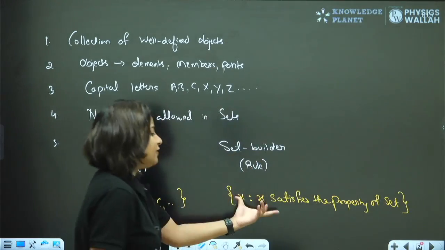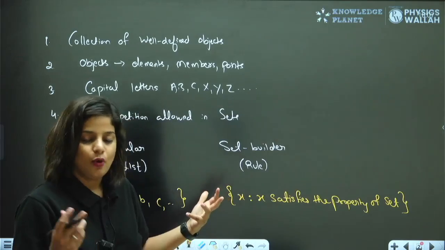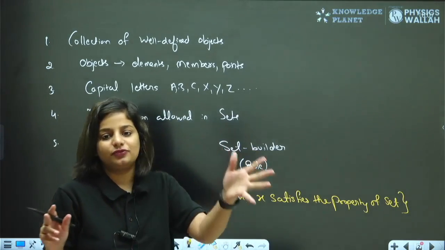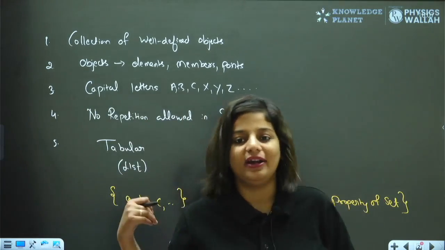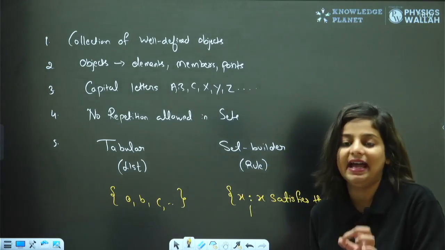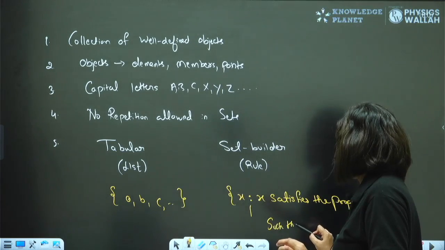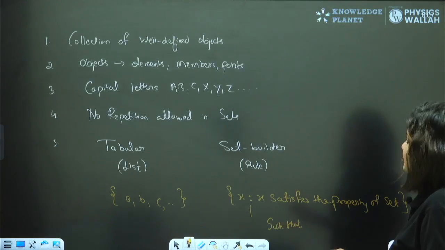So set builder form is basically based on the property. You might be wondering what it is for the first timers, but for those who have already studied it, you know what I'm talking about. The colon symbol can be replaced with a straight line also. Both mean one and the same, such that.